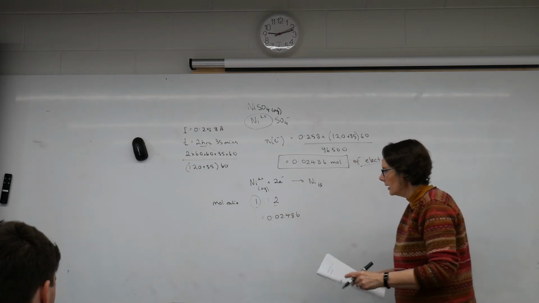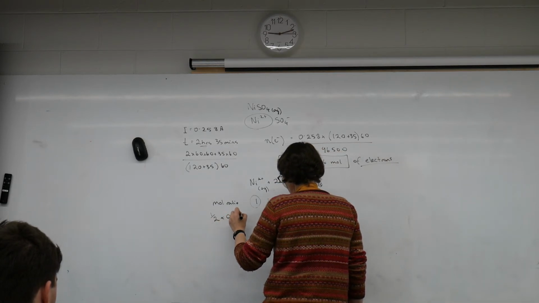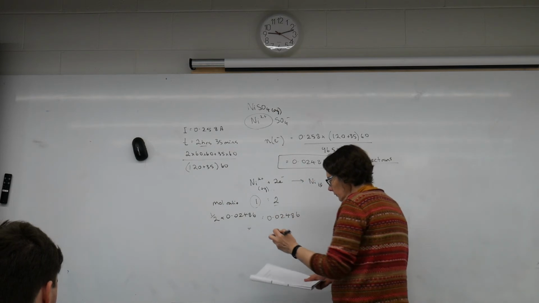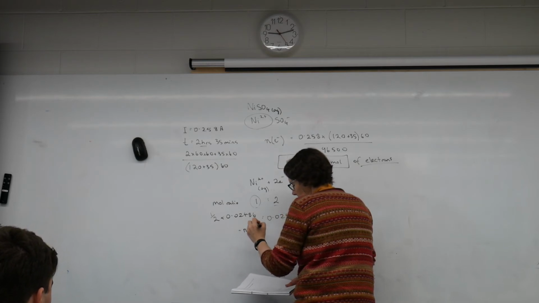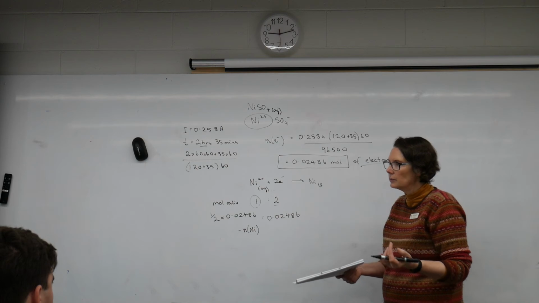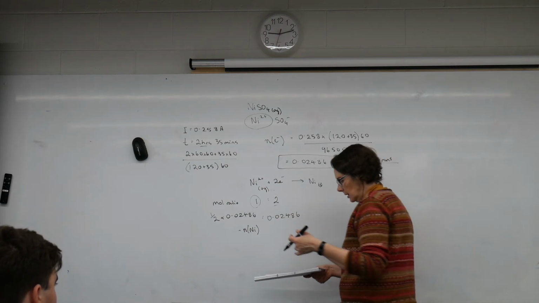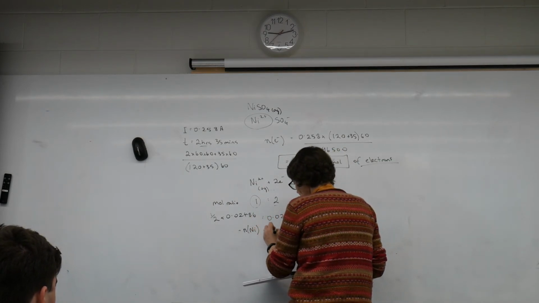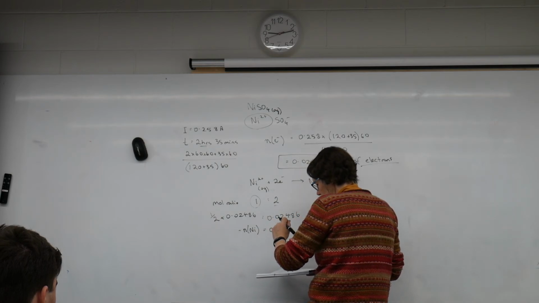And so yes, we have to halve it. This tells us the number of moles of the nickel. And whether you write Ni or Ni2+, it doesn't really matter because we're talking about 2 electrons per atom, and that's not going to change the mass. Hang on, 0.01243.